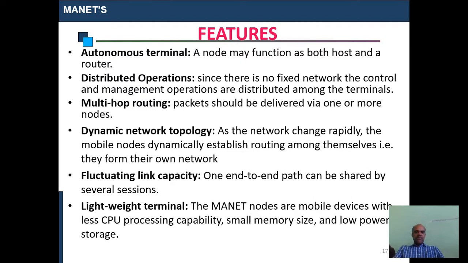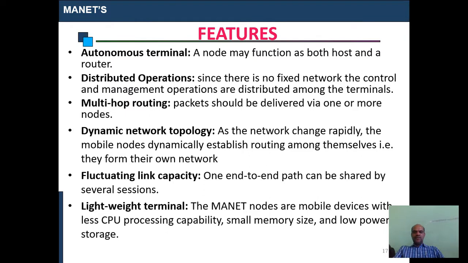Dynamic network topology. As we know, these mobile nodes are always changing, moving from one location to another location, so when they are interconnecting with each other dynamically, the network topology changes among themselves. That is, they form their own network. Fluctuating link capacity: one end-to-end path can be shared by several sessions.